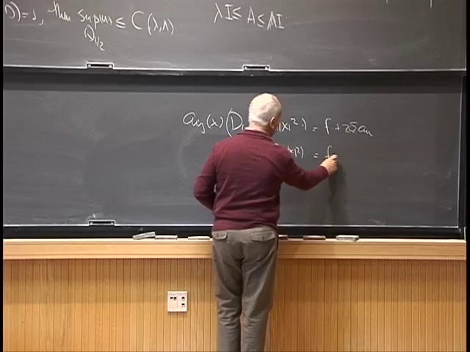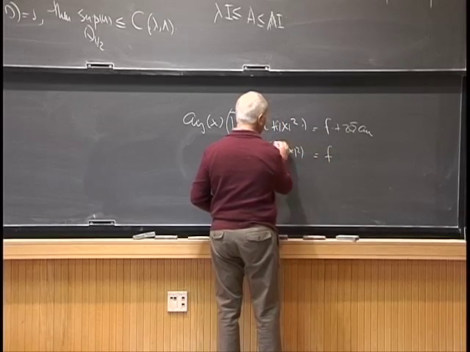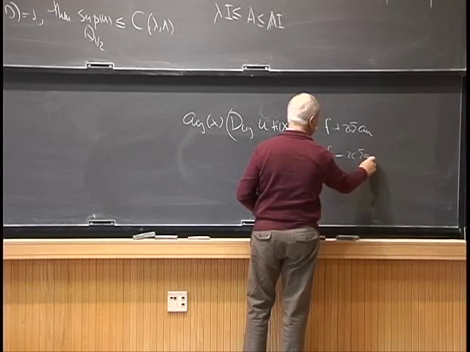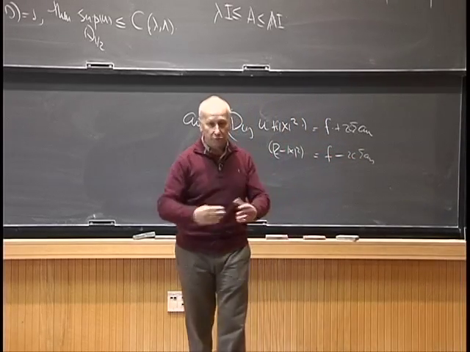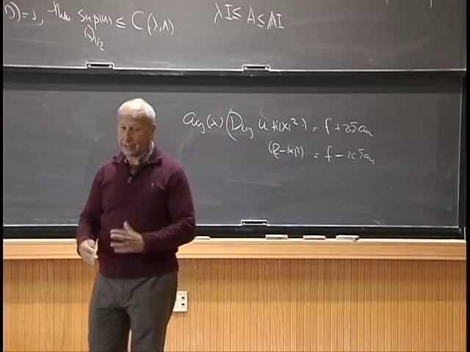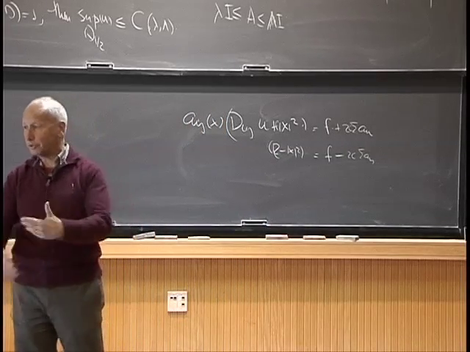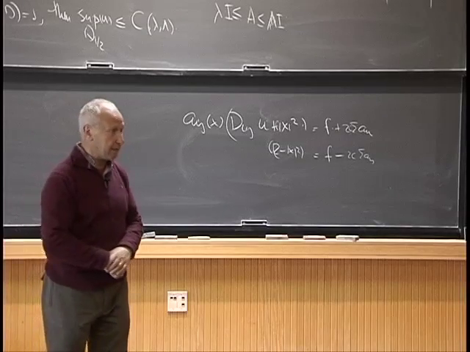Then you get f minus 2 times the constant times the sum of aii, and this is negative. And so you can use the fact that the function is not exactly a solution, but is nearly a super and subsolution, to obtain the same result.